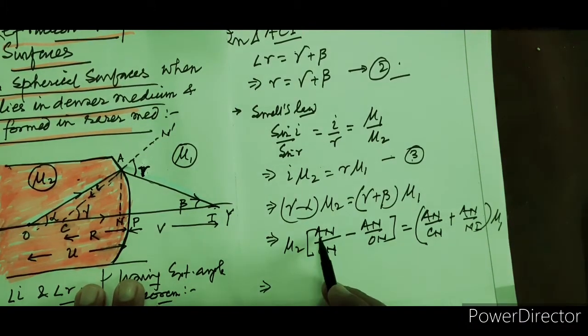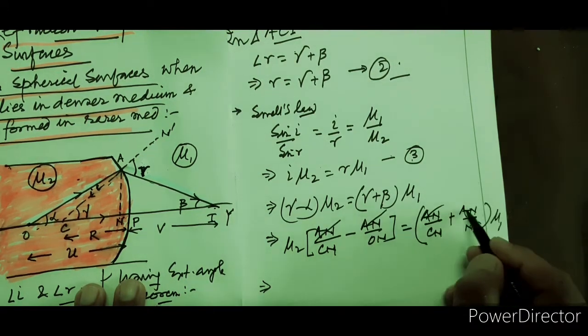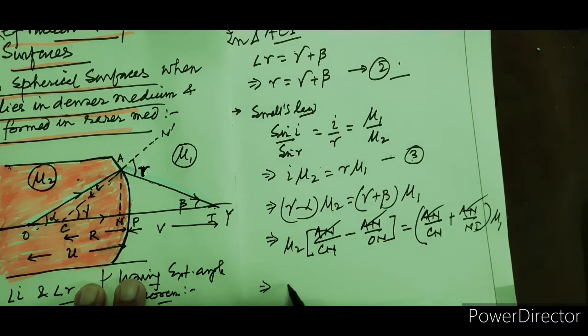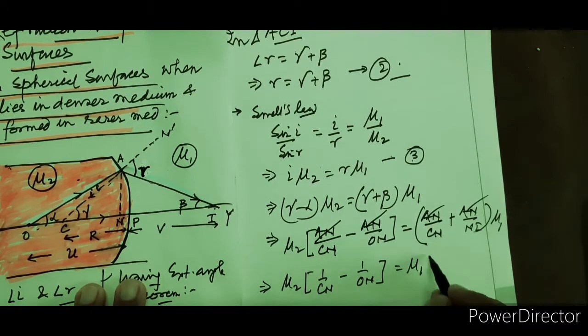So AN we can cancel, leaving behind mu2 times (1 by CN minus 1 by ON) is equal to mu1 times (1 by CN plus 1 by NI).